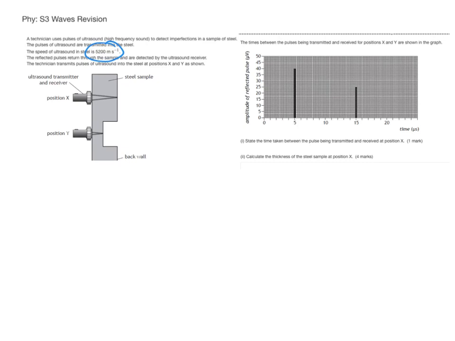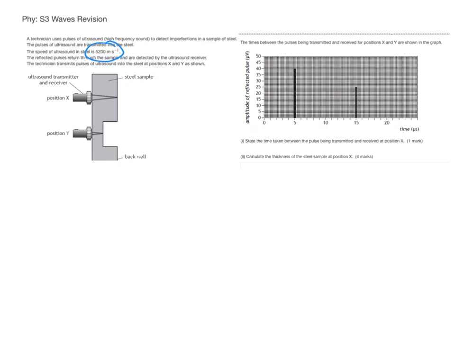Both the transmitter and the receiver are the same object here, so the waves are coming out, bouncing off, and going back. And we're doing this at position X and at position Y. And then it tells us these two times are plotted on the graph here. So we have a graph of the amplitude of the reflected signal against time, so how long it took for those reflected signals to get back.